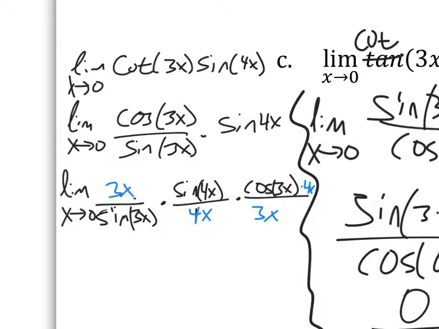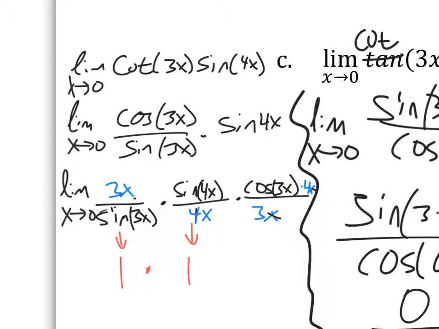The limit of this one as x goes to 0 is 1. The limit of this factor is 1. And here when x goes to 0, oh, looks like we still have a problem, but these x's cancel.